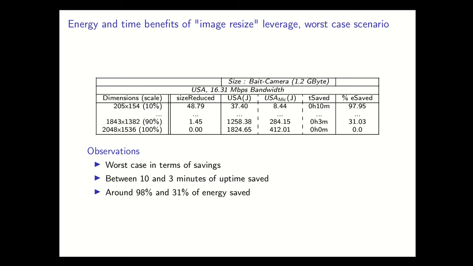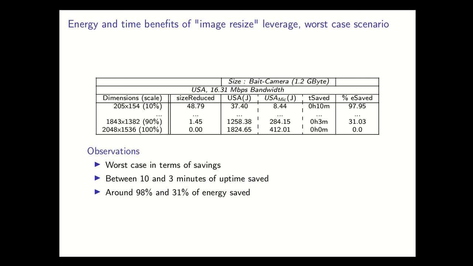But what we were interested in is really how much time we would save, even if we have a good scenario in terms of usability of the nodes and the network. And here, with such a scenario, we would save between 3 minutes and 10 minutes, with a scale that goes from 10% of the original images to 90% of the original. And that would save us around 98% to 31% of the energy that is spent while sending the original images.